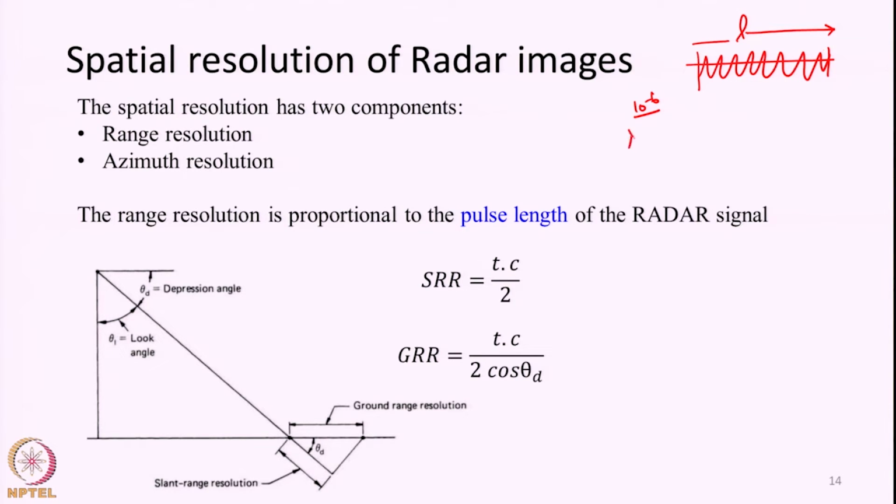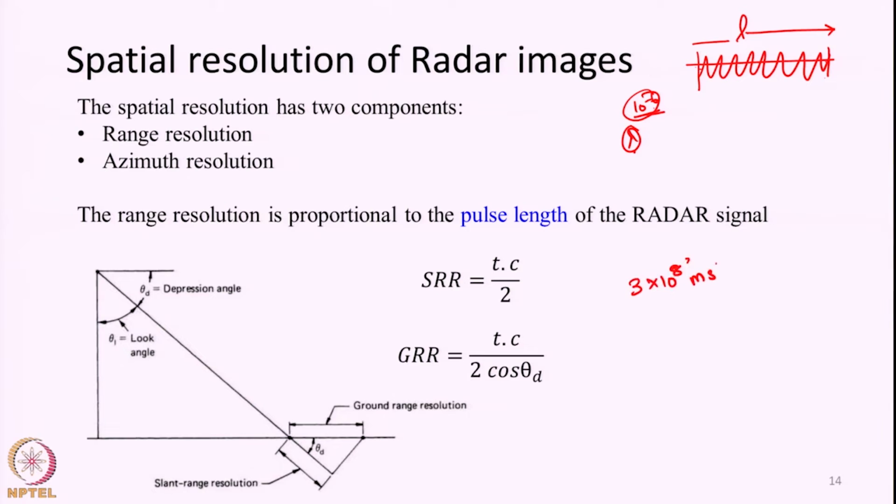So, do not confuse this with wavelength lambda. Wavelength can be different, but pulse length is based on the time of transmission of the radar antenna. Each pulse will have a certain distance on the ground, that is what we call pulse length.